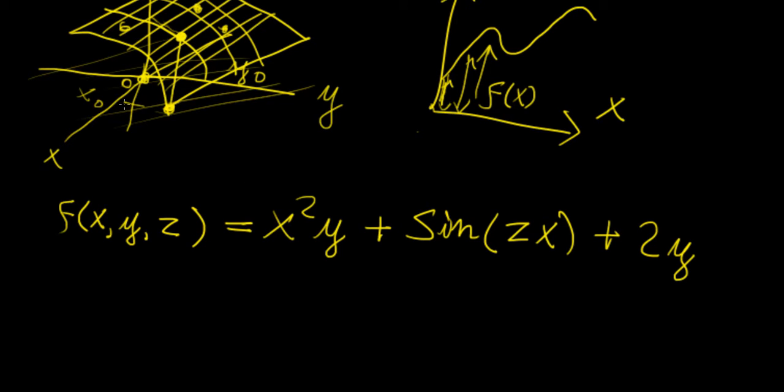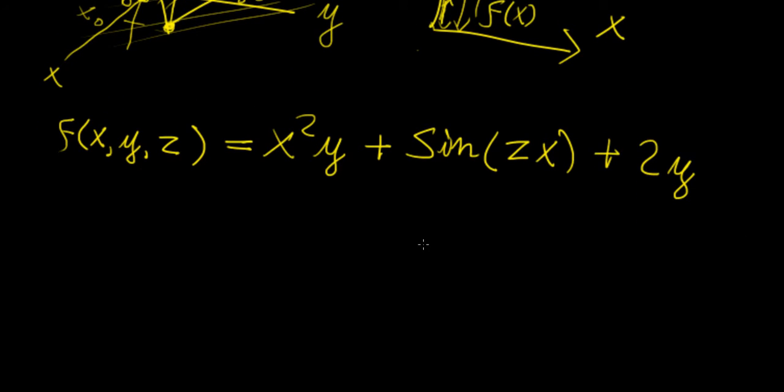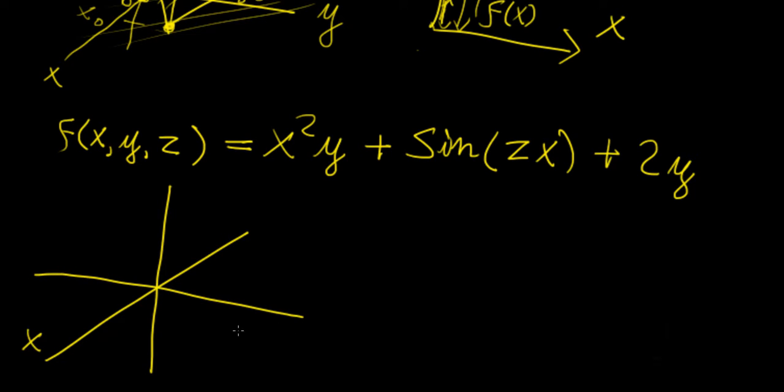Now we just talked about a function of two variables, the projection of the two-dimensional plane onto a third axis. So how do we plot a function like this? Well, a function like this is going to be plotted as follows. We're going to have our three-dimensional space. Now you can imagine that we're going to choose a point in x, a point in y, and a point in z.